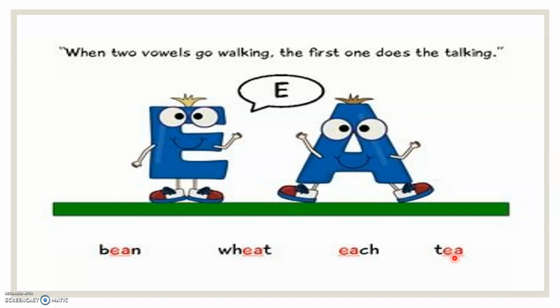But when talking about the vowel pair EA, this pair has two sounds. One of the sounds is the long E, just like bean, wheat, each, tea, and the second sound is the short E, like bread, like thread, for example.